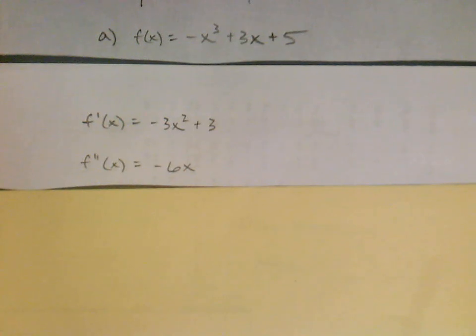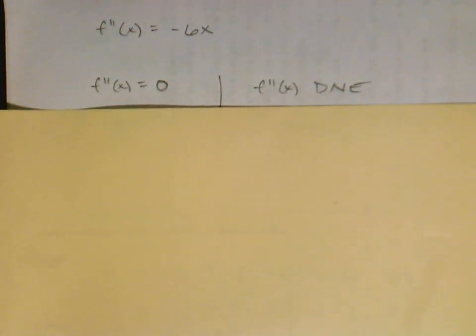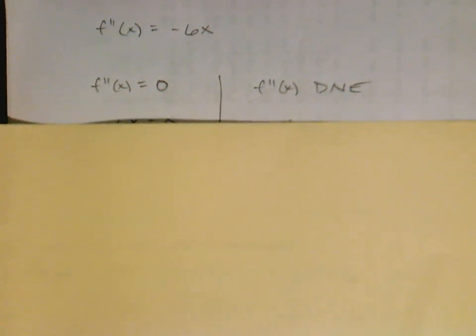Okay, so we're going to take a look at when that second derivative equals 0, and are there any x values when the second derivative does not exist. I'm just going to show you guys this side by side.